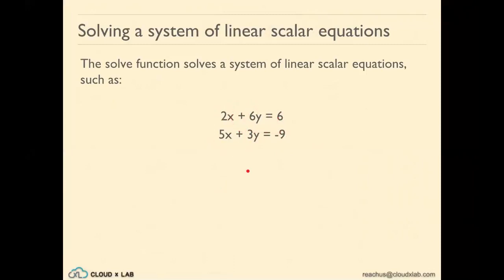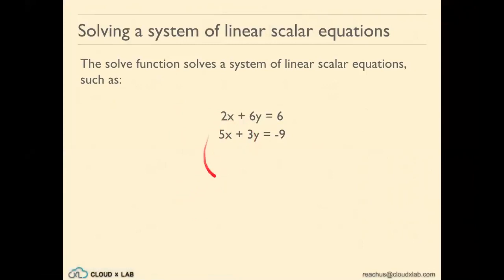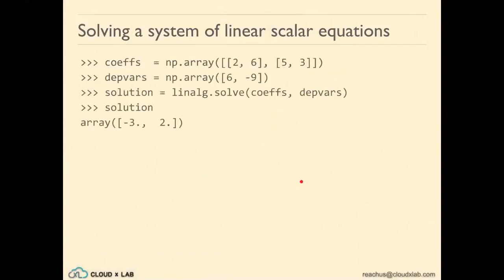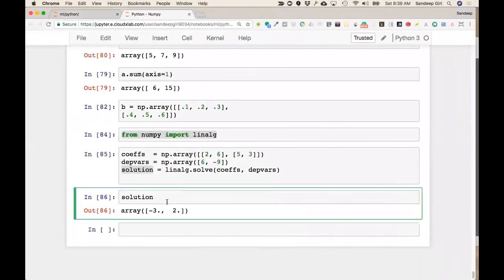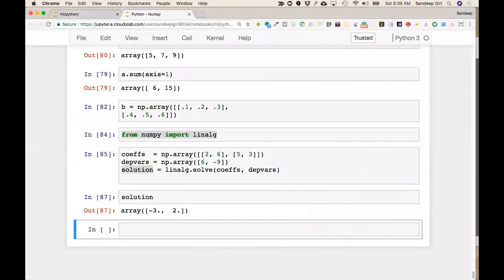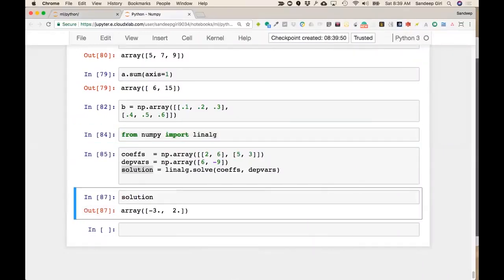Had there been three simultaneous equations, we would represent all three using a 3 by 3 array, and the solution will be 3 by 1. It'll be pretty simple, and you can see that it has found the solution this way. Does it make sense to you? So you can easily solve linear equations using a package called linear algebra. Let me save this and push it.